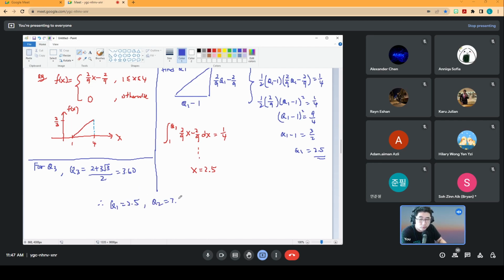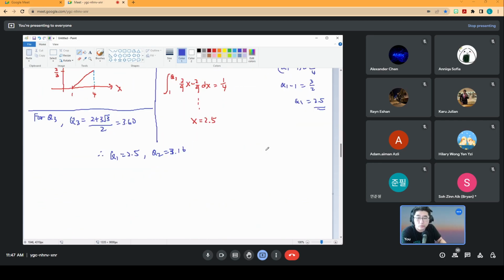Q2 equals 3.12, my mistake. And Q3 equals 3.60. How should I explain the skewness from here?